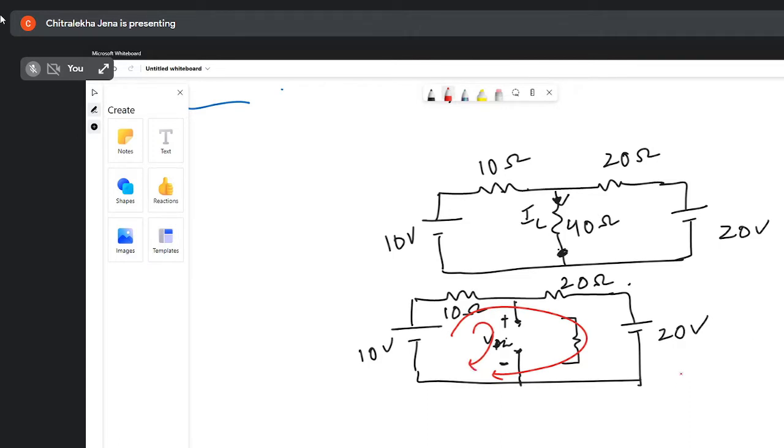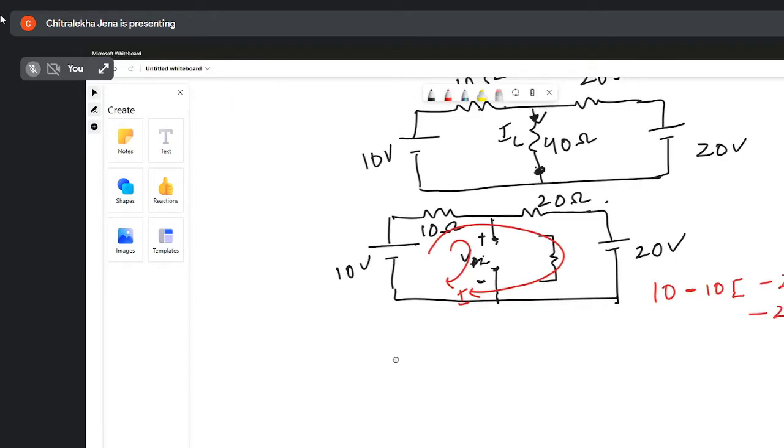Suppose the current is I. I will use mesh analysis. 10 minus 10 into I, minus 20 into I, minus 20 is equal to 0. What is the value of the current?